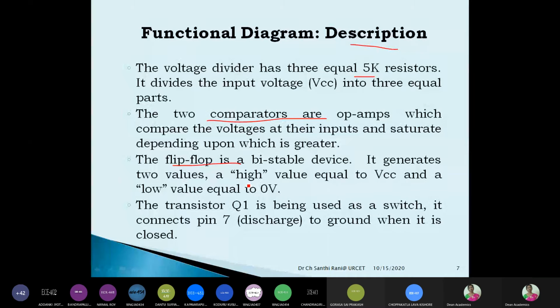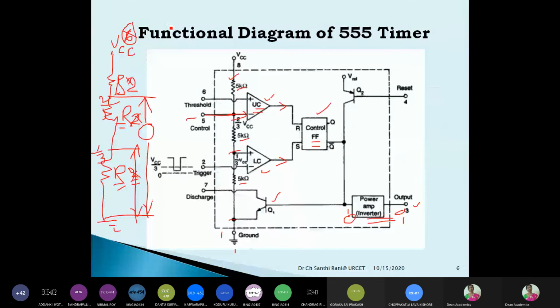So it will give either a high value or a low value, and then transistor Q1 is used as a switch. So this is the description of the functional diagram of the 555 timer. Right. Now let us see its working or its operation.